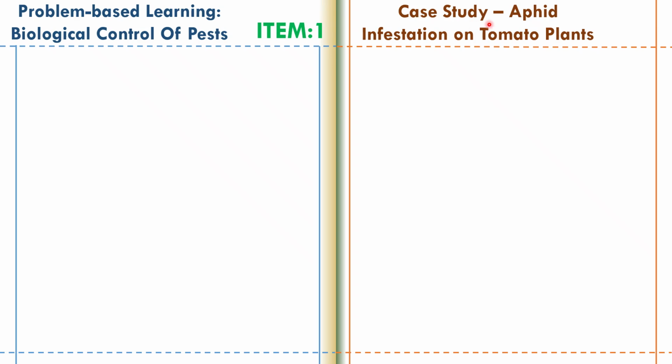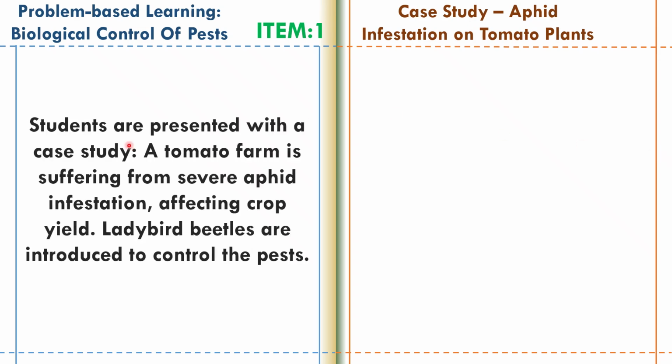Let's look at case study, aphid infestation on tomato plants. Students are presented with a case study. A tomato farm is suffering from severe aphid infestation, affecting crop yield. Ladybird beetles are introduced to control the pests.